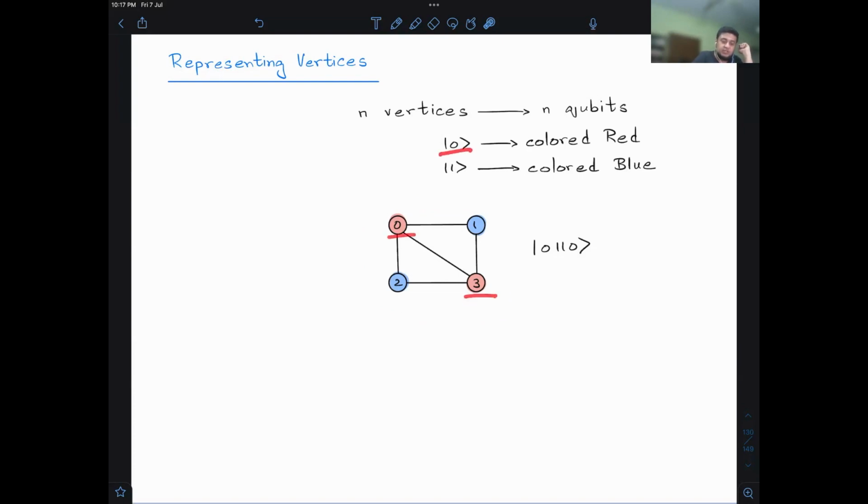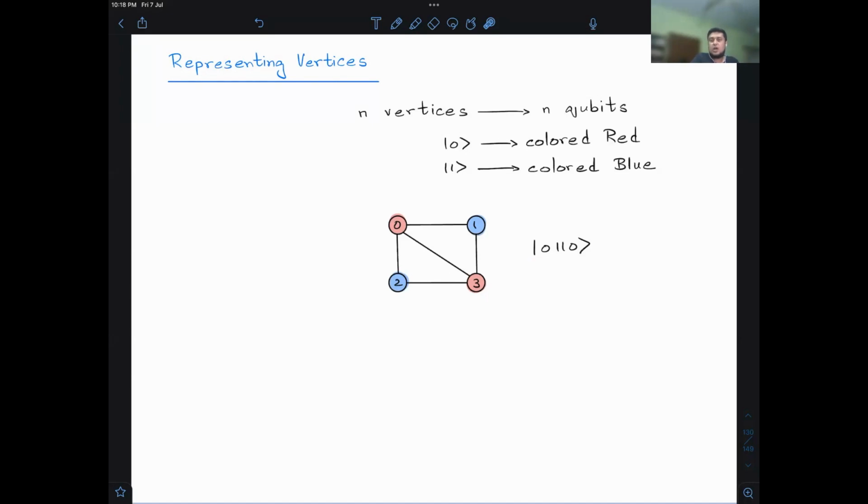Well, that should be the 0 state. Vertex 1 and vertex 2 being colored blue, so that should be the 1 state. So that gives you this representation for the set of 4 vertices. So the 4 vertices of this graph will be represented by this state, right? So that's a vertex representation.